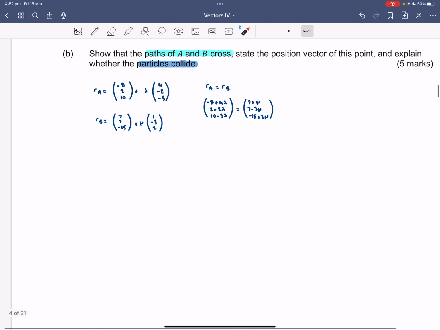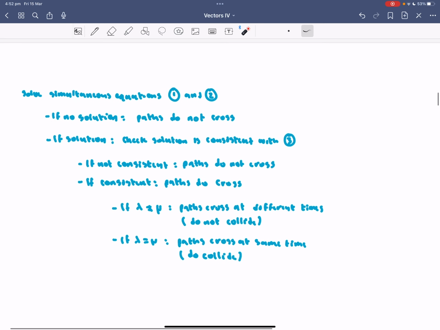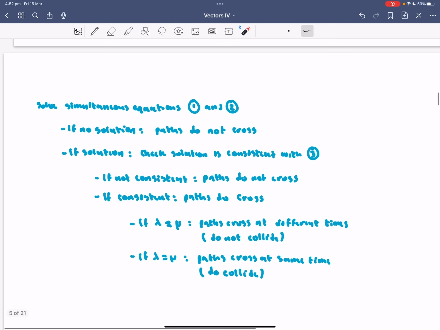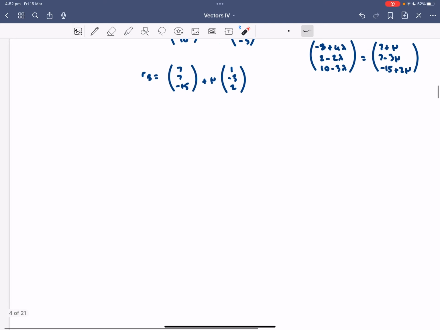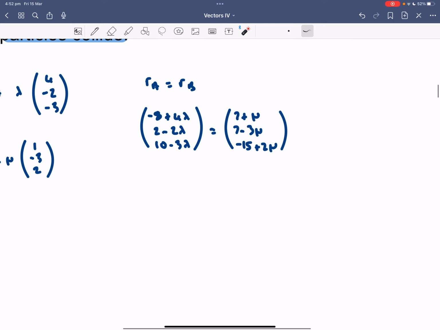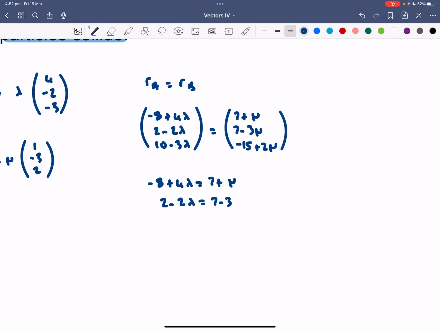Alrighty, there is something I want you to understand about this. If you want to find out whether the paths cross, or whether it collides, or whether it does neither, these are the steps that we follow. First, you solve simultaneous equations 1 and 2. In this particular case, equation 1 will be -8 plus 4 lambda is 7 plus mu, and equation 2 is 2 take 2 lambda is 7 take 3 mu.